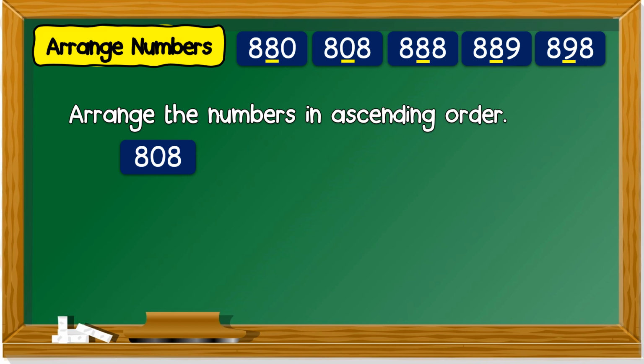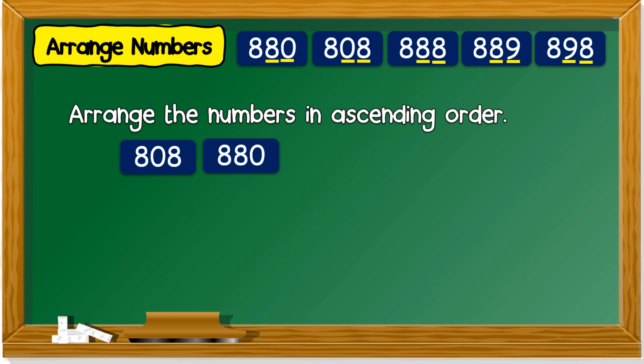The rest have 8 or 9. We look at the ones. For the ones, we look at which one is the smallest. Okay, this one. 880 is the second smallest number.